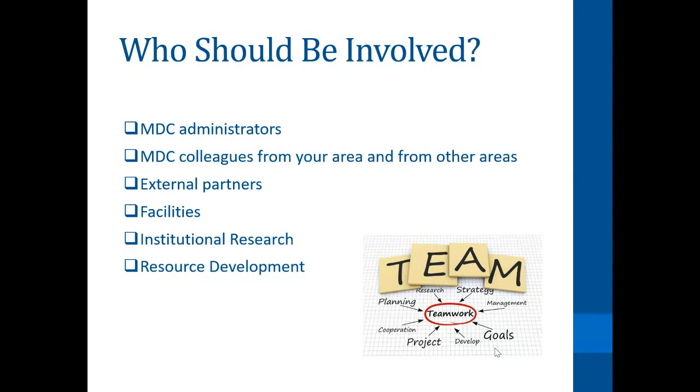It helps make sure that they have buy-in from the institution and that they're supportive of what you're trying to do, and they can help you even frame it correctly. Include colleagues from your area and from other areas, interdisciplinary approaches, as well as people from your unit. Depending on your project, you're going to need others to be engaged, so getting them involved early on is going to help you in the implementation process.